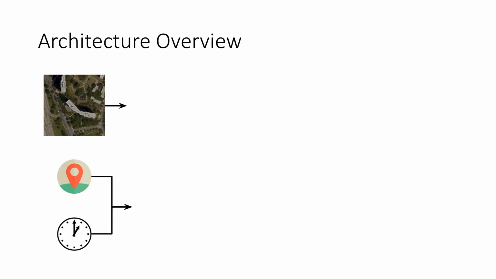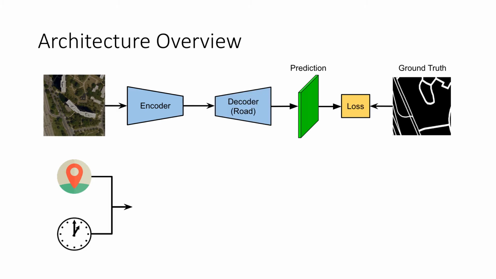We propose a multitask convolutional neural network that operates on overhead imagery, location, and time. Our approach builds on an encoder-decoder style segmentation architecture with a shared encoder and separate decoder for each task. The objective of the first decoder is to segment roads in an overhead image, which we represent as a binary classification task.